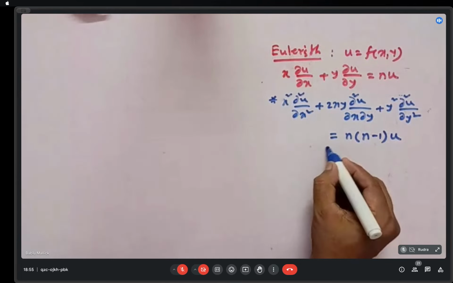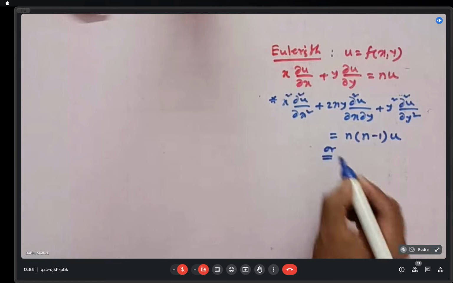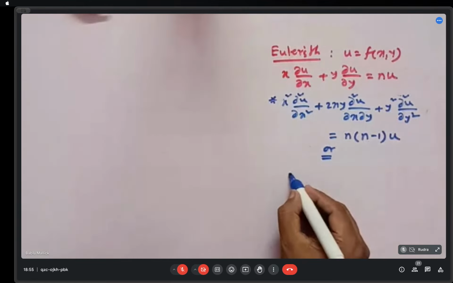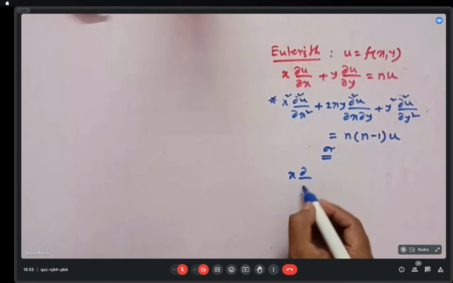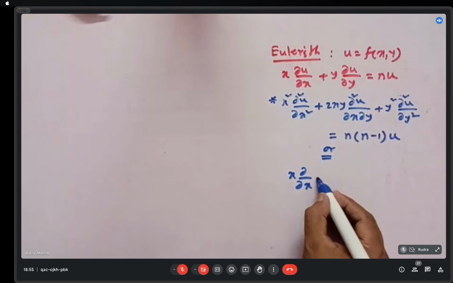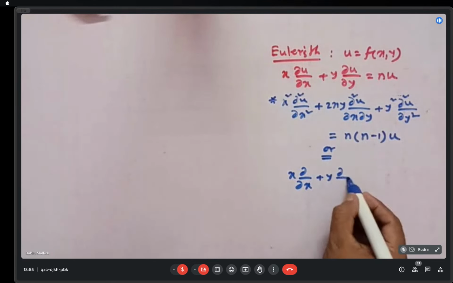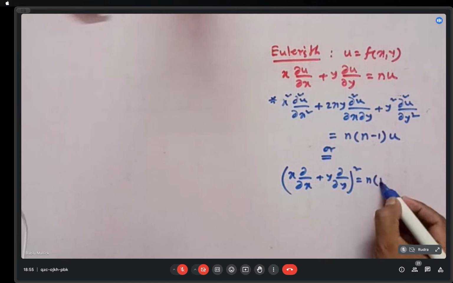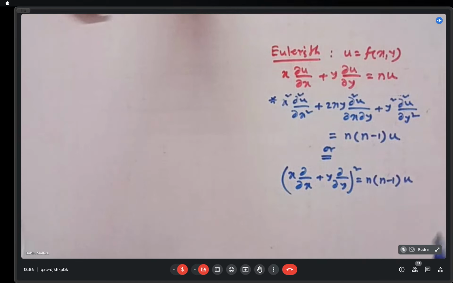Its alternative expression is this, or we can write it this way: the left hand side can be written as x into del del x plus y del del y, this whole square, is equal to n into n minus 1 into u.